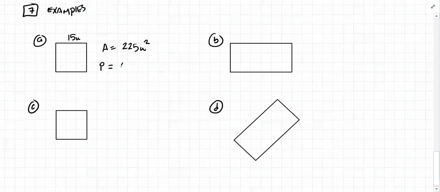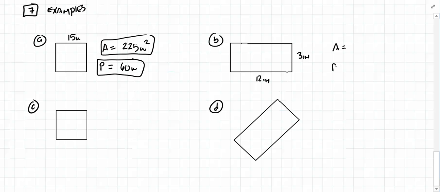Okay. So here's part B. If I give you that this is 12 inches and this is 3 inches. For area, our area is always squared, our perimeter is not, because perimeter is the length. Okay, for part B, I want the area and I want the perimeter. So area is going to be 3 times 12, so 36 inches squared.